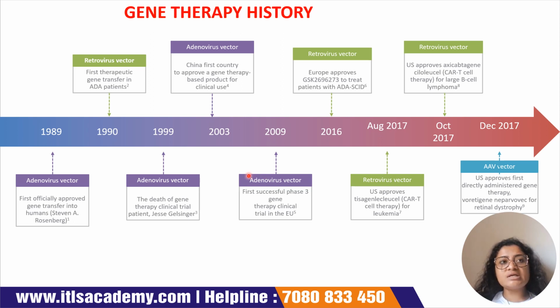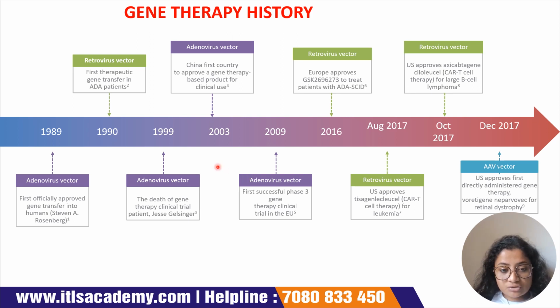Now, because see, any new technique or any new drug or any new therapy, any new management technology, it doesn't mean that everything will be 100% successful or 100% positive, isn't it? So something or the other negative, something or the other unfortunate incident can happen. Okay, but we need to know about those uncertain or unfortunate incidents also.